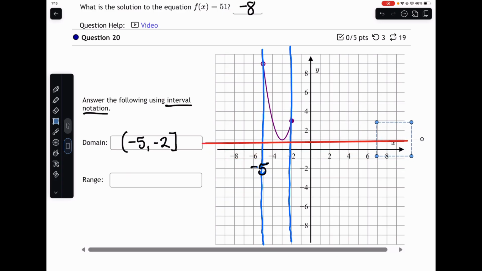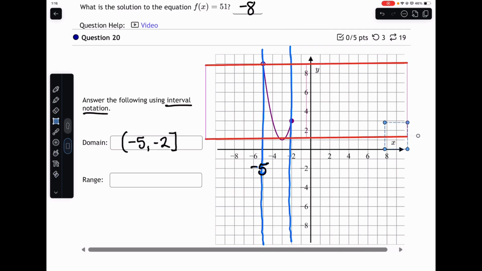If I continue moving upwards from there, I'm still intersecting the relation, so I'm not stopping there. I'm going to move it until I touch the relation one last time. If I go any higher, I don't touch the relation anymore. So I need it to be right there.